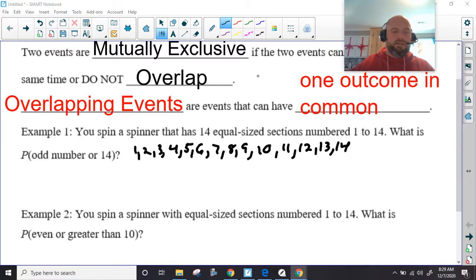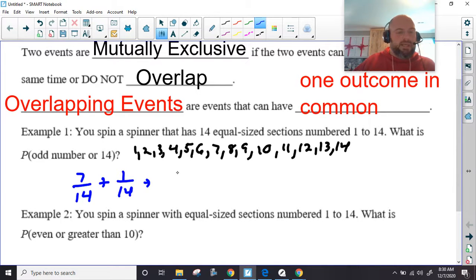What's the probability to get an odd number or a 14? So we have 14 of these things. An odd number is not going to be 14 at all. There's going to be 7 of them, and there's only one 14 over here. So we end up getting 8 over 14, which is 4 over 7.